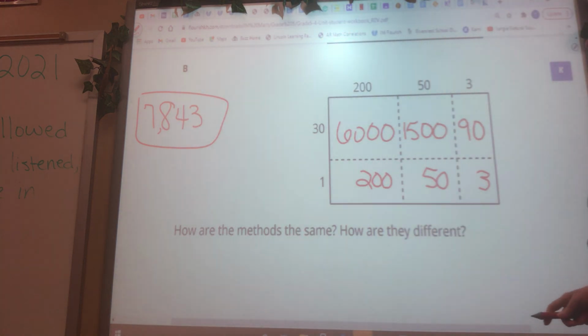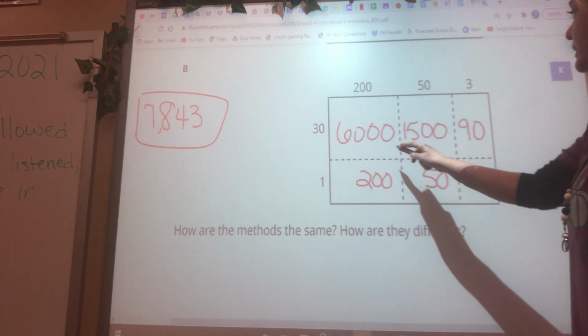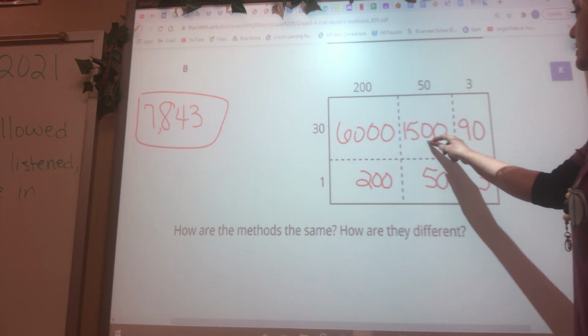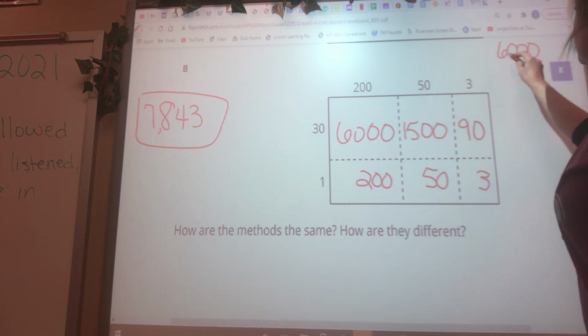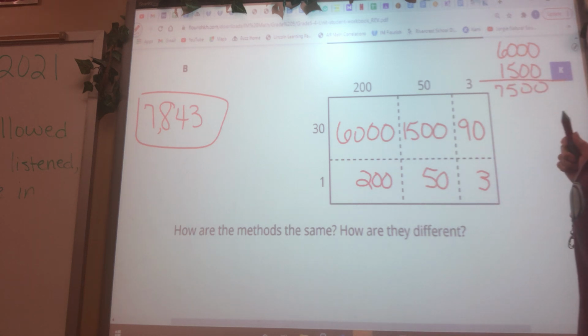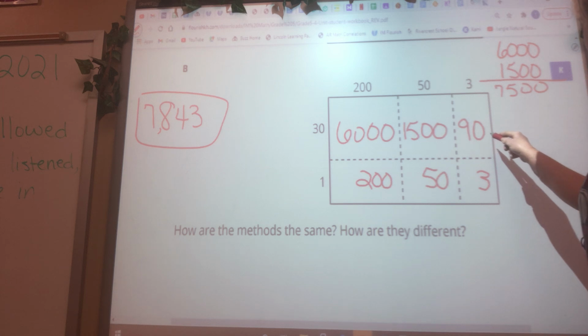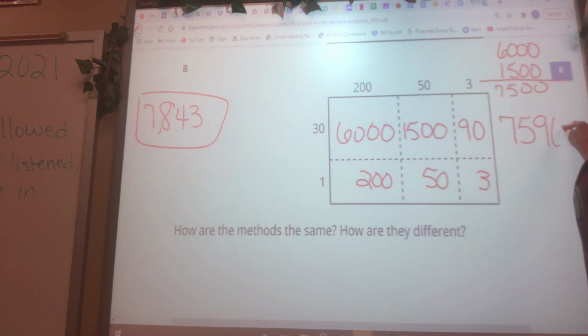And if we add these up, if we added the top row, we would have 6,000 plus 1,500. So that's 7,500. And then 90 more would give me 7,590.